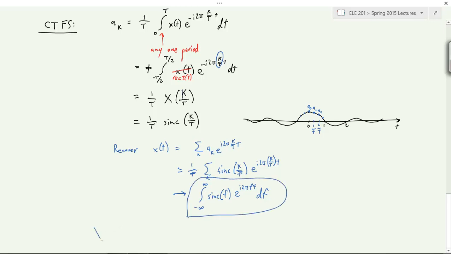So this says that the inverse Fourier transform, rather than a sum, should be an integral. So you should get x of t equals the integral from negative infinity to infinity of x of f e to the i 2 pi f t df. And that's the formula I gave last time. Okay.